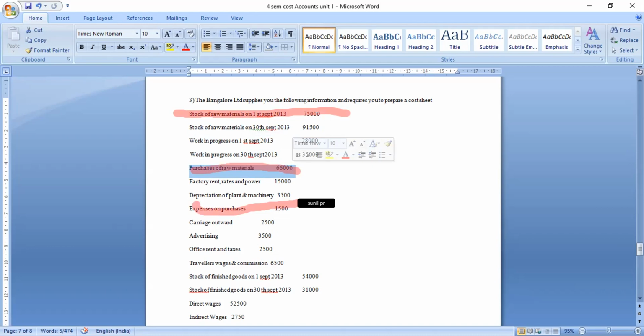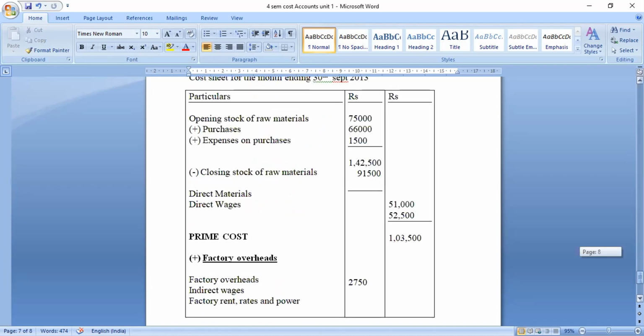Next, the stock of raw materials, that is the closing stock, should be subtracted. If there is carriage inwards, it should be taken, but here leave out carriage inwards. So this is the first part. We will start doing it. You can see the solution. I have taken the opening stock.